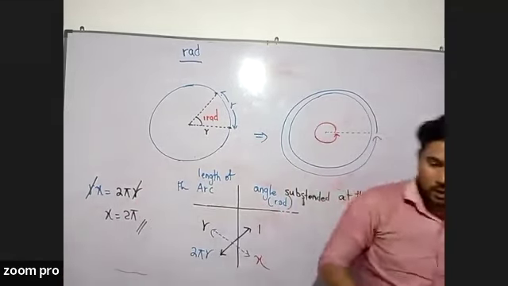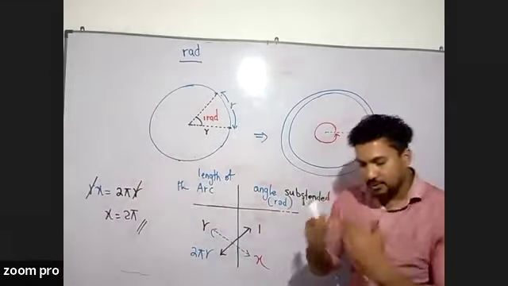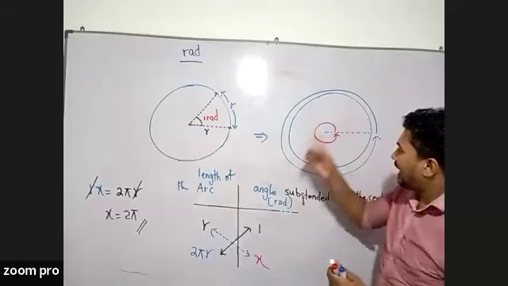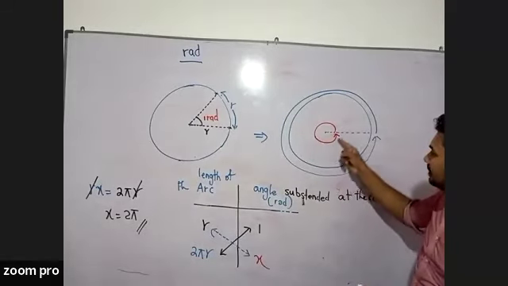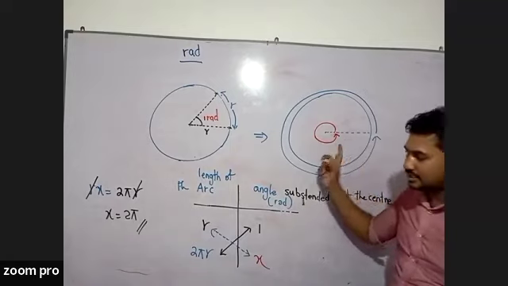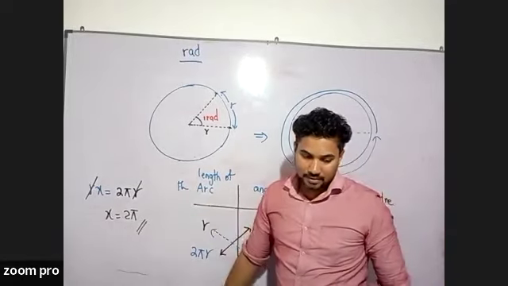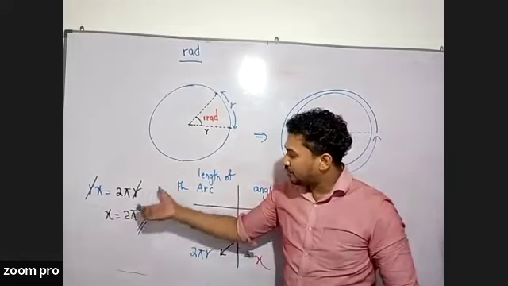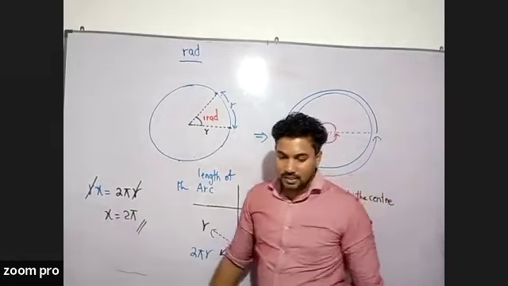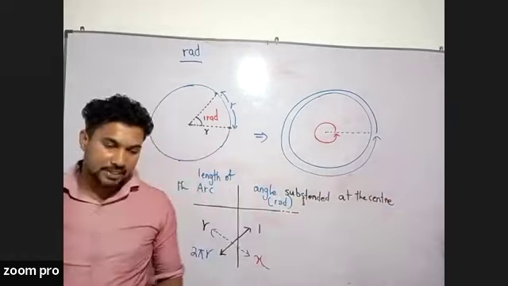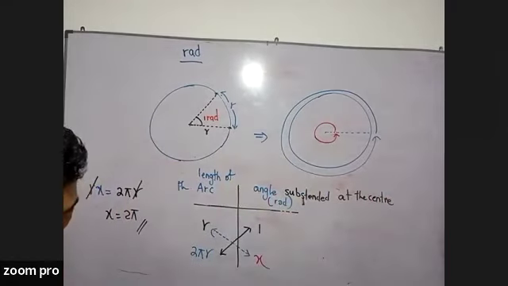Okay guys, the conclusion is the angle subtended around the center of a circle in radians equals 2 pi, right? So this is a very important value that you need to remember.